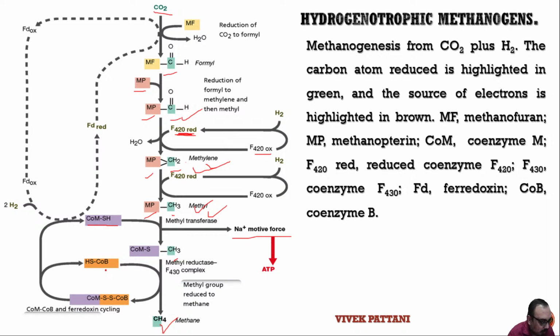At the same time, coenzyme B, in a complex with the HS, will be joining coenzyme M for the complex. This is where ferredoxin cycling occurs. Here we clearly see that ferredoxin, which is in reduced form in the first reaction, gets oxidized, and this oxidized ferredoxin will again combine with hydrogen.